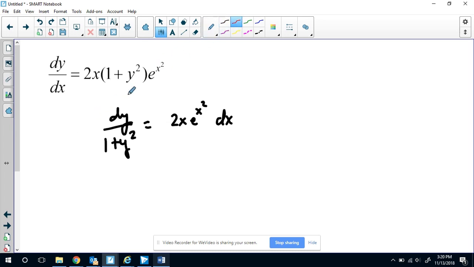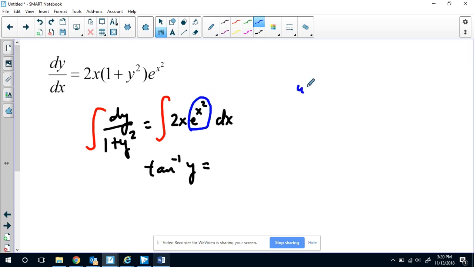Now we're going to integrate both sides. If you notice, on the left, 1 over 1 plus y squared, when we take the integral of that, that's arctangent. So inverse tangent of y equals, now the integral over here, if we take a look, e to the x squared.